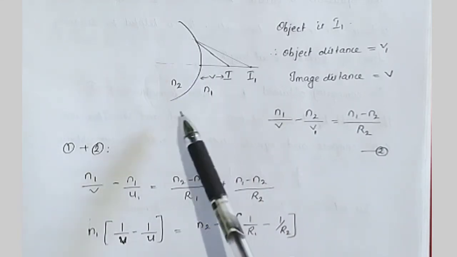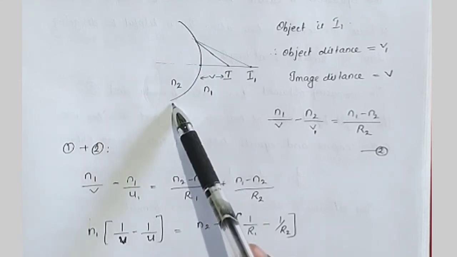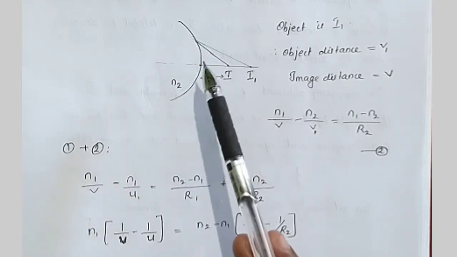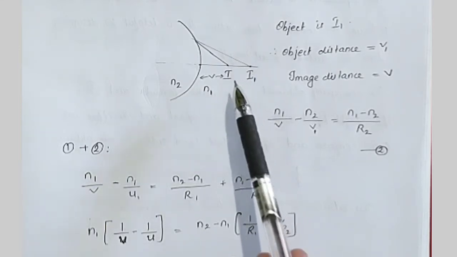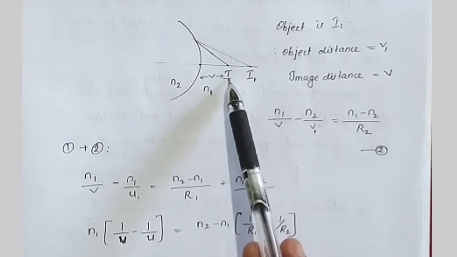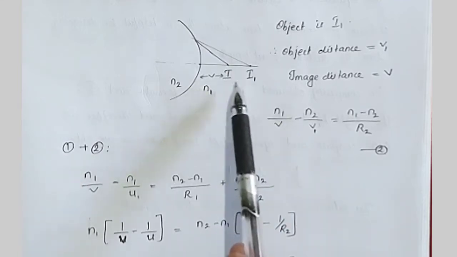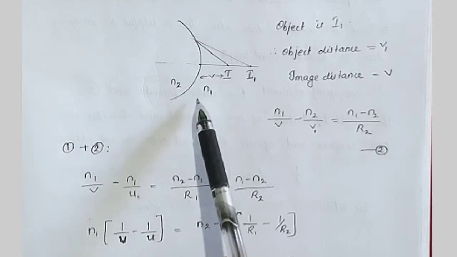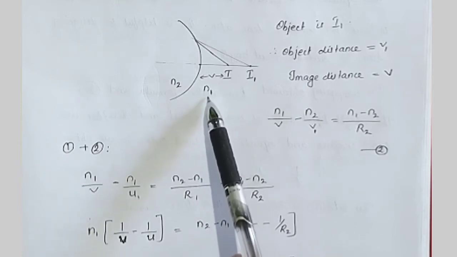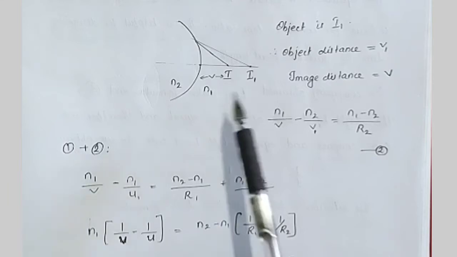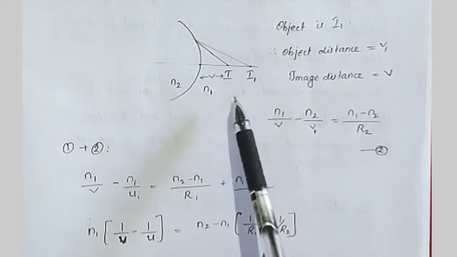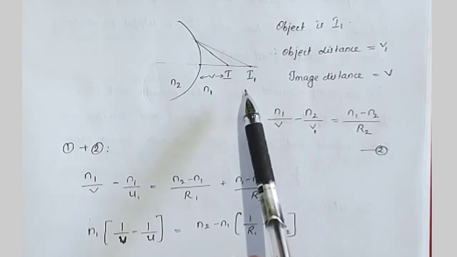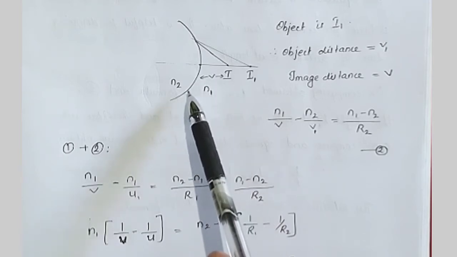So now when we consider the second spherical surface of the lens and analyze the refraction, the object here is the first image obtained, I1, and we obtain a final image as I. And as we know, the final image is obtained in air itself, that is, the medium in which the final image is obtained is n1. So this is the only thing that we have to understand in the concept of refraction through a lens, that the image formed by the first spherical surface acts as a virtual object for the second spherical surface of our lens.